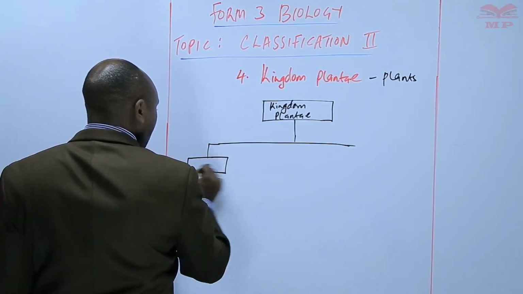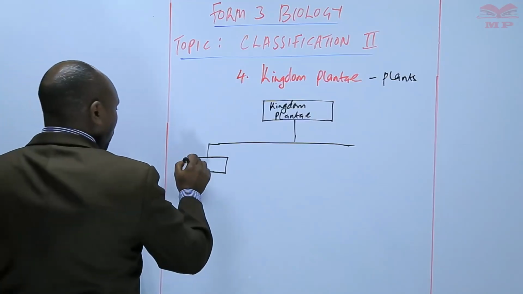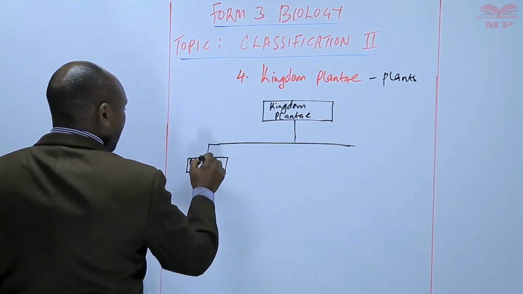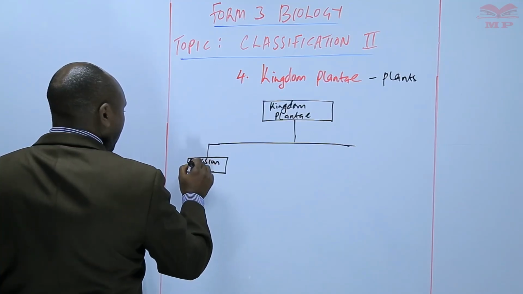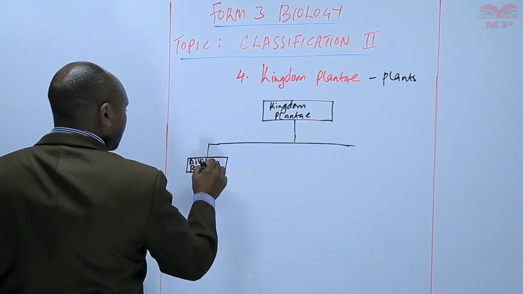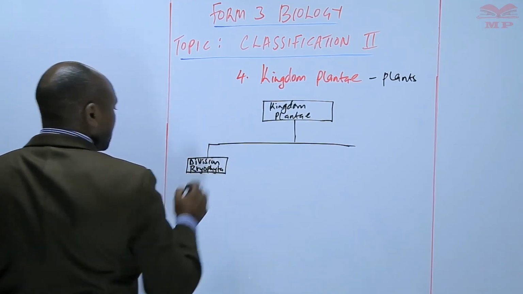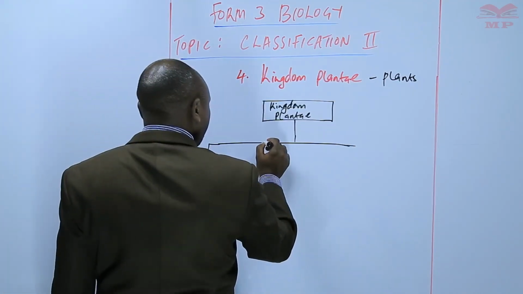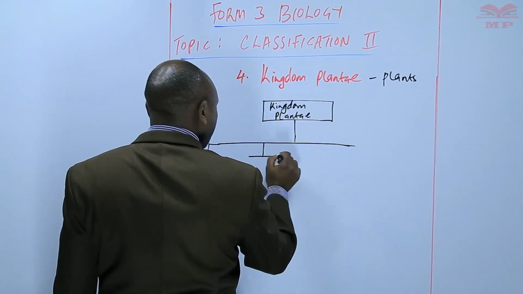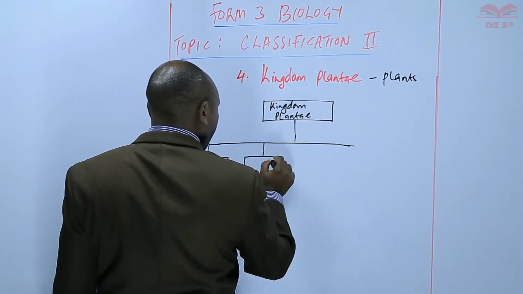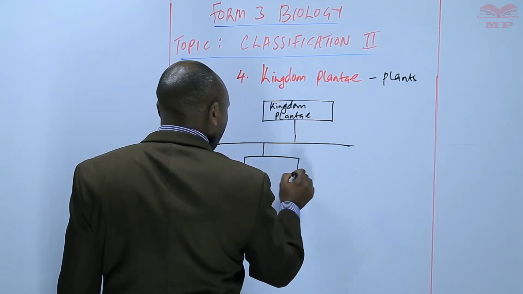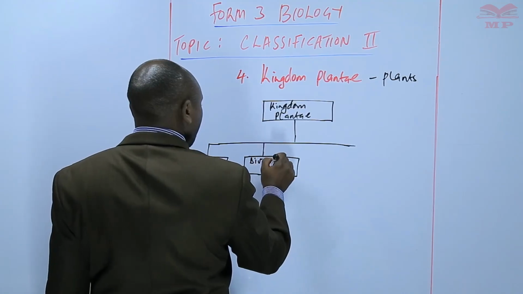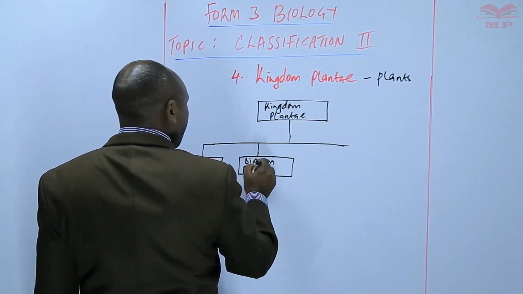The first division, we call it division Bryophyta. Division Bryophyta. Then we have another division, and this division is known as division Pteridophyta.